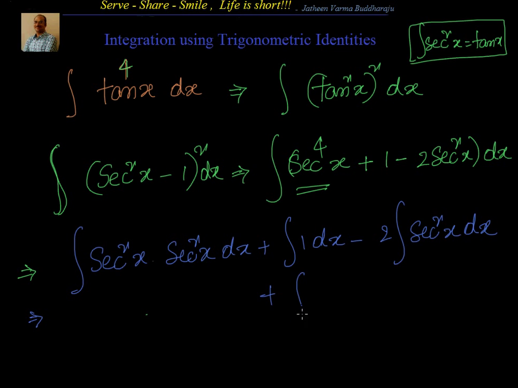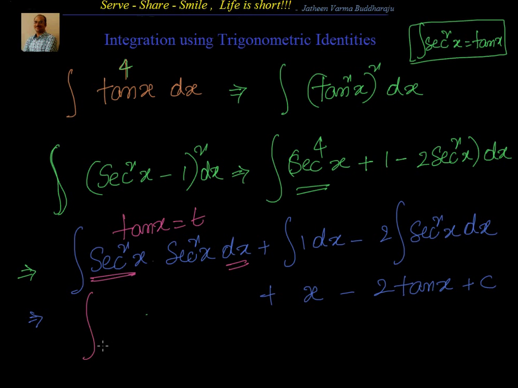Now let's go to the next step. We know integral of 1 dx is x, so I can directly write x here, and minus 2 tan x plus c. Now here I will take tan x equal to t, such that secant square x dx will become dt.